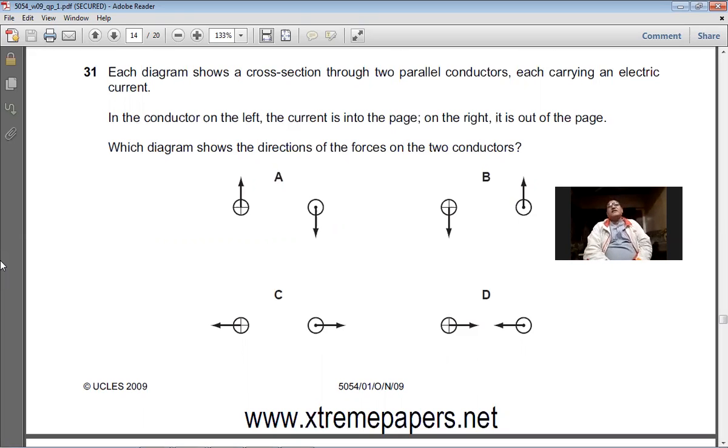When the current is in the opposite direction, the conductors are supposed to repel each other. So I think C is the best option.